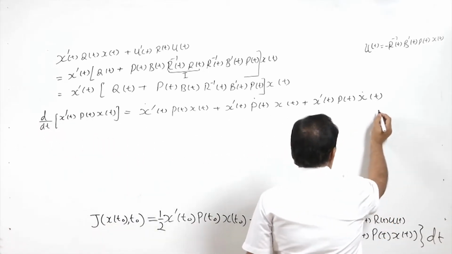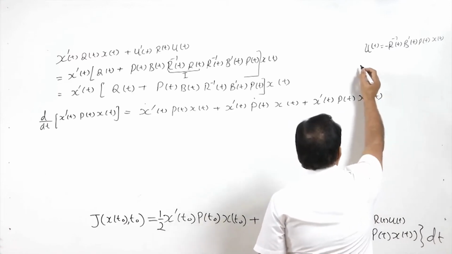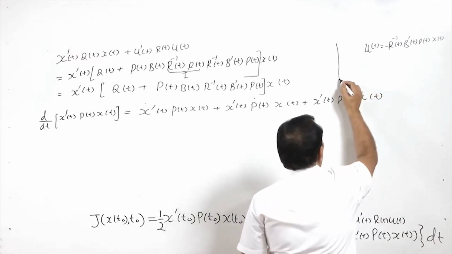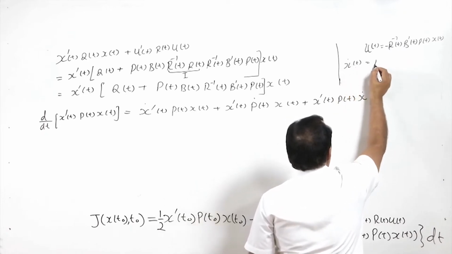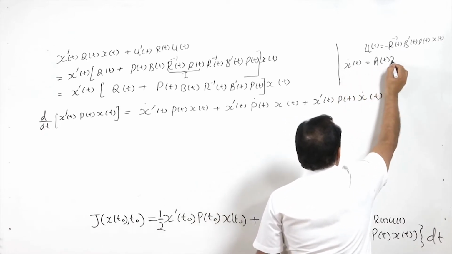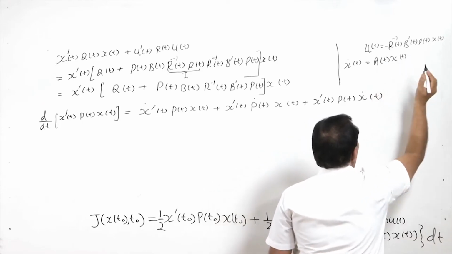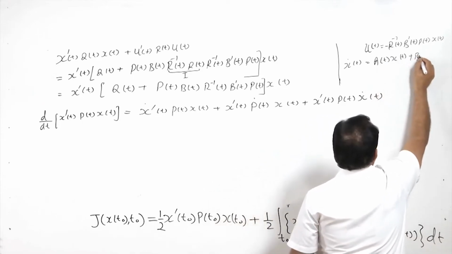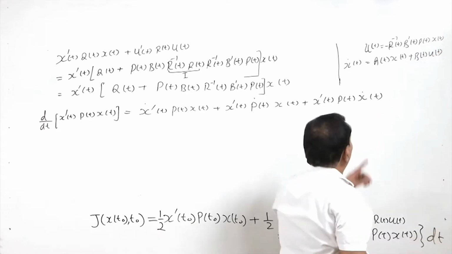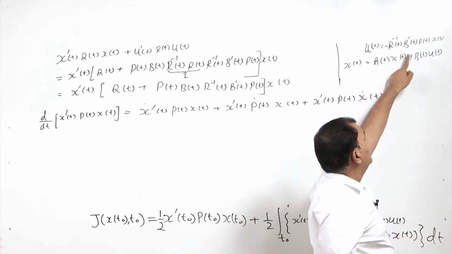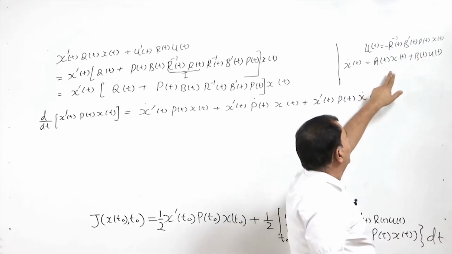And here what is my x dot? If we see, x dot of t is A(t) x(t) plus B(t) u(t), where u(t) is minus R inverse B prime P(t) x(t).